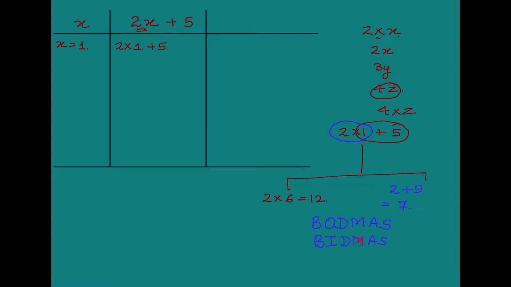We multiply first. So when there are two operations to be performed in an expression, we always multiply first and then we add. So brackets, of, division, multiplication, addition, and yes, subtraction, right? So which is the correct answer? Tell me. Absolutely right. 7 would be the correct answer.